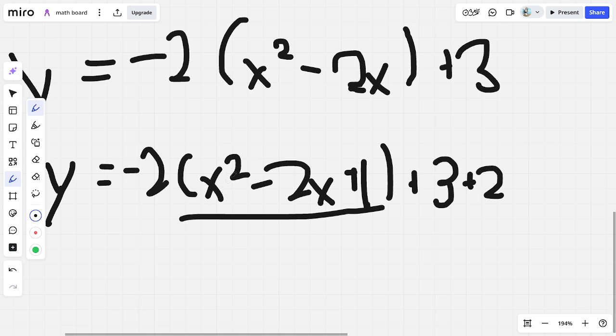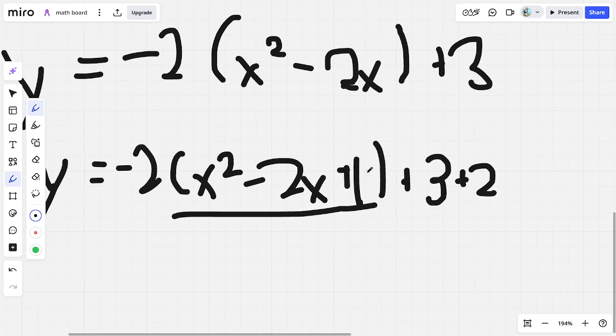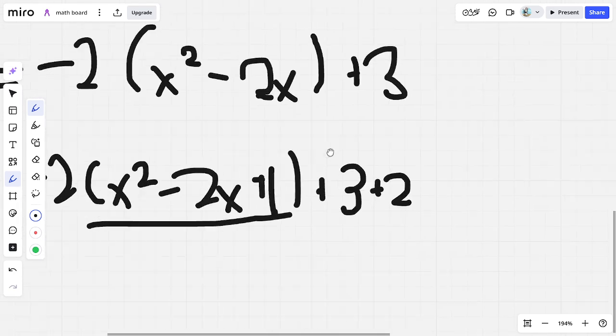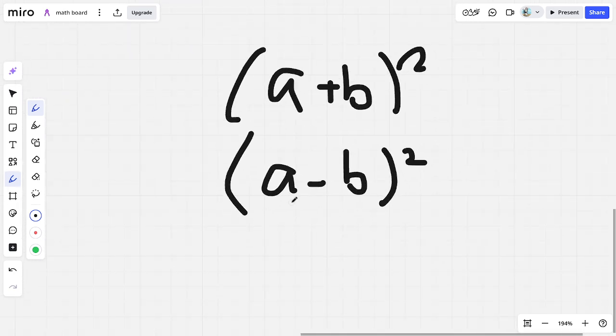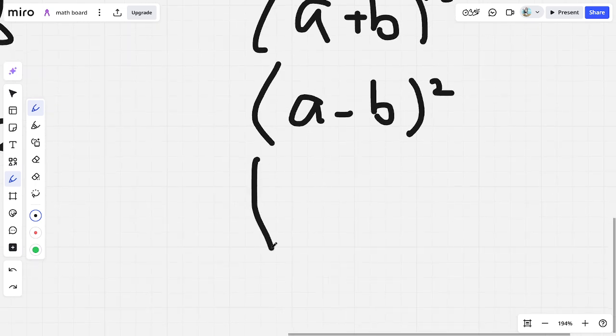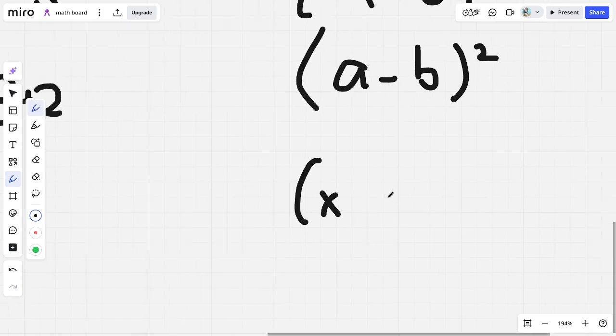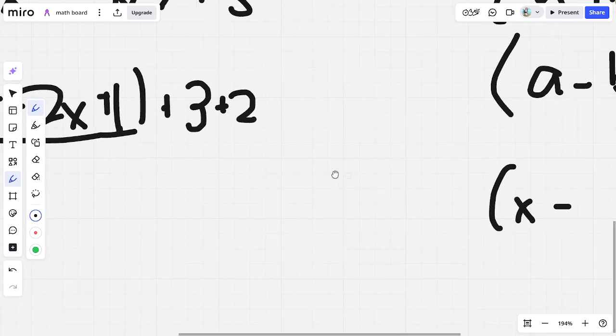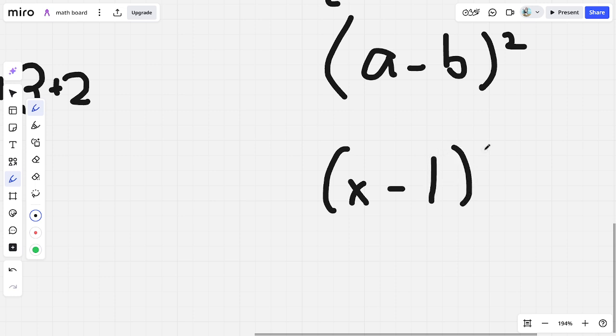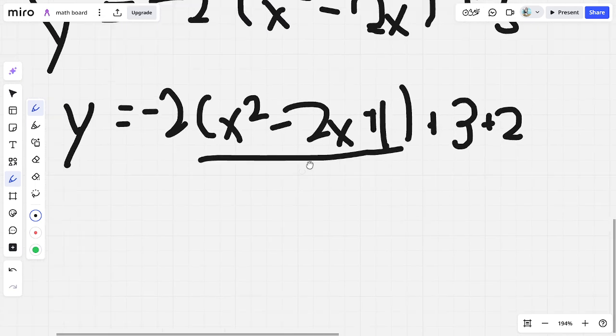So x squared and 1 are perfect squares, and our middle term is negative, so we use the difference, the second one. So we just say x minus 1 squared. So that's our perfect square trinomial.